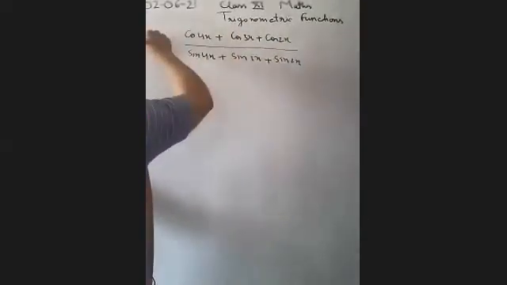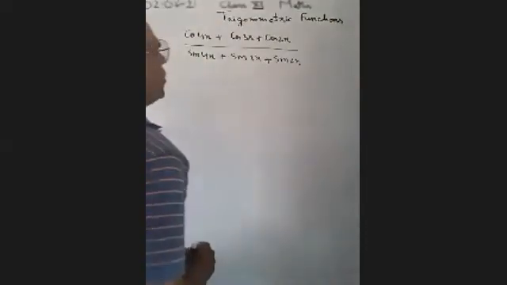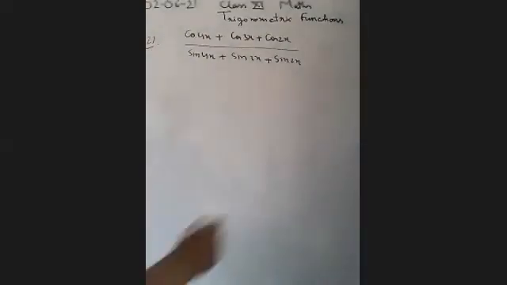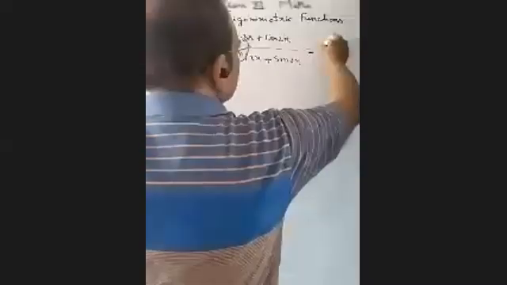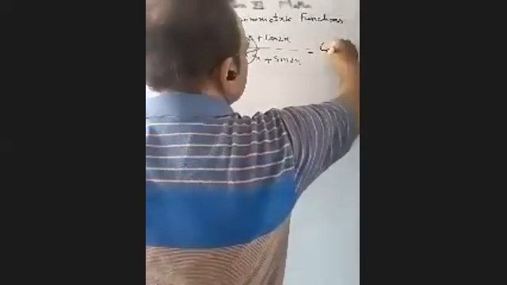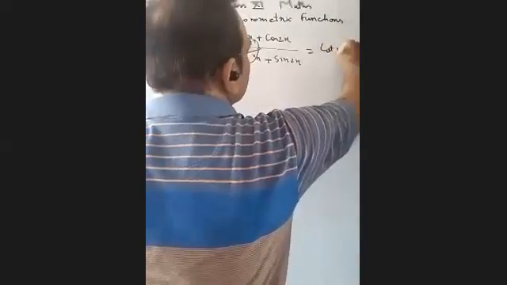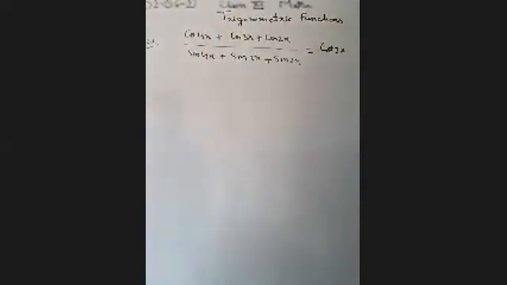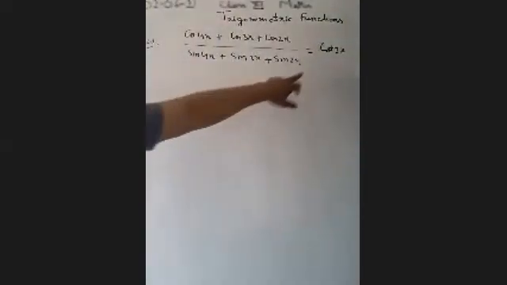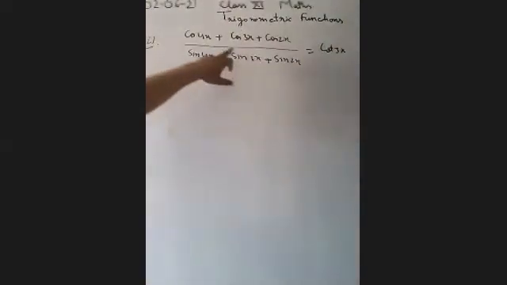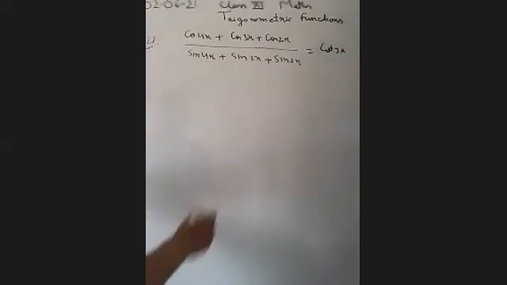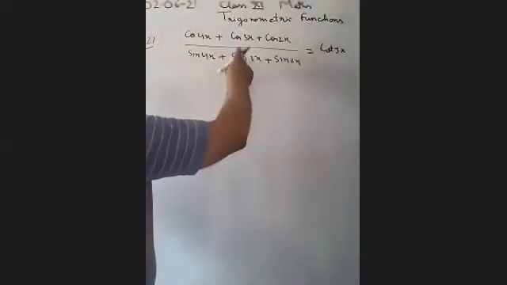All terms they have written, but up to now we were getting only 2 terms in the numerator and denominator, but here we got 3 terms. We have to prove that it equals cot 3x. So we are leaving the 3x term as it is.